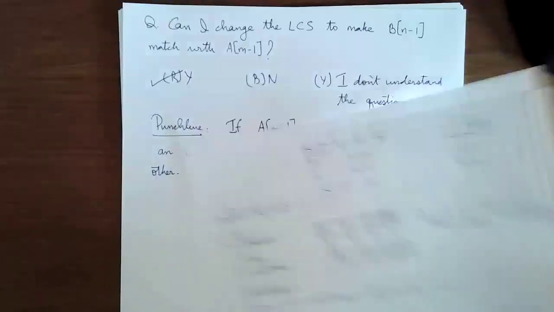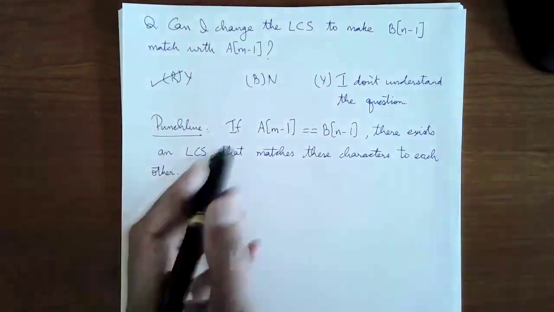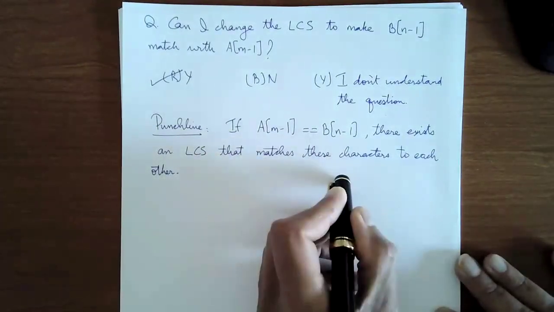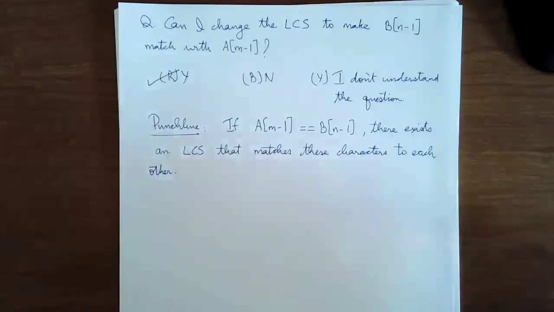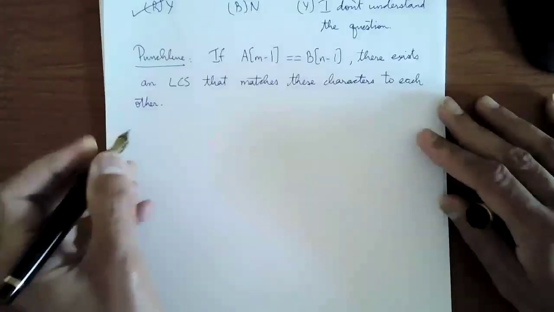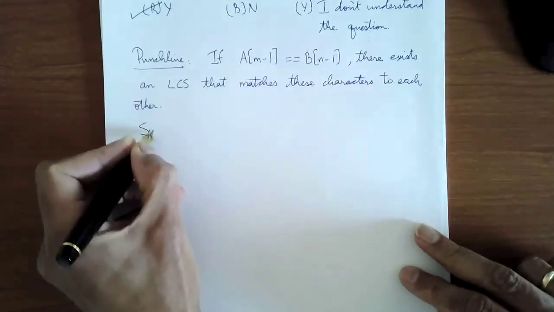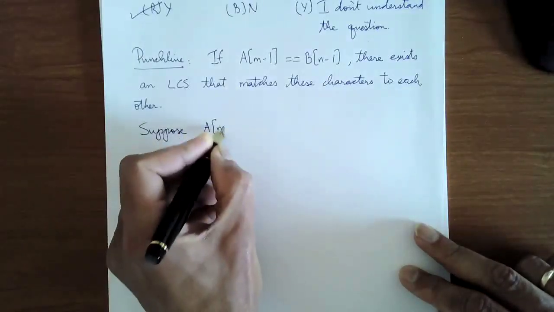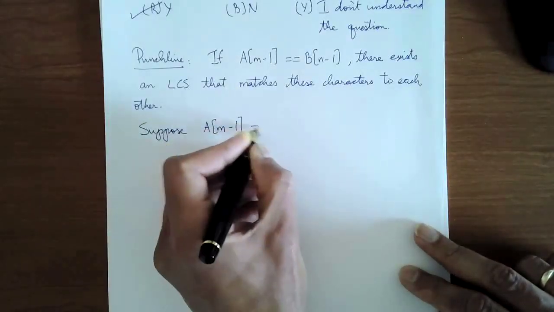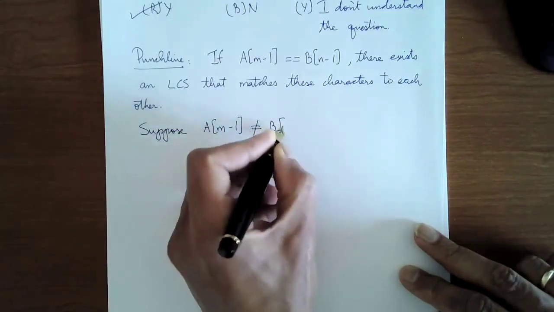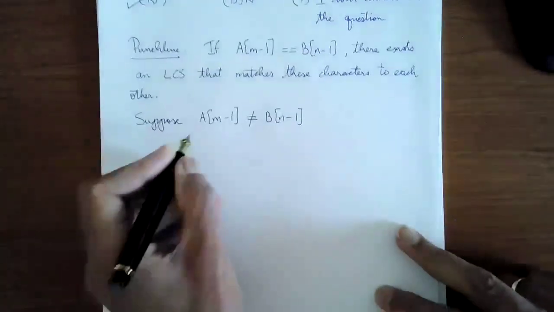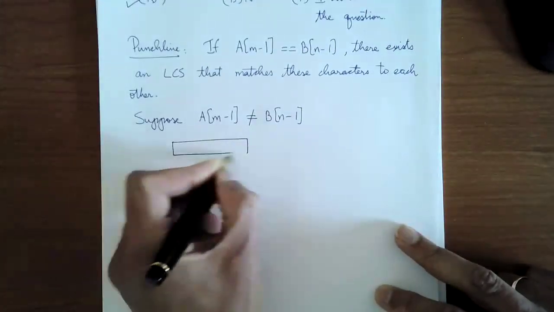So our main punchline is that if a_{m-1} and b_{n-1}, the last characters, are the same, there exists an LCS that matches these characters to each other. And now we need to understand what happens if not. So suppose a_{m-1} is not equal to b_{n-1}.